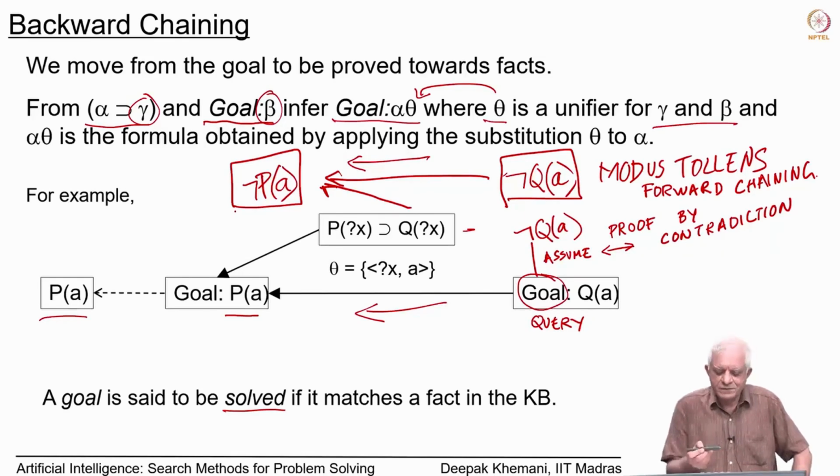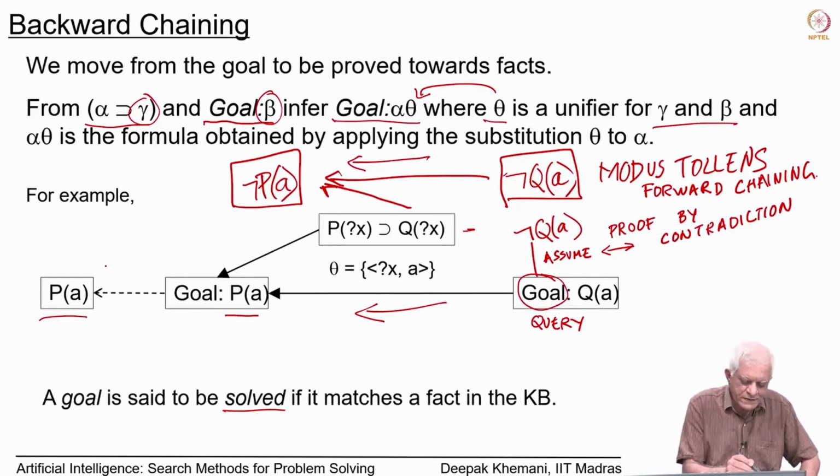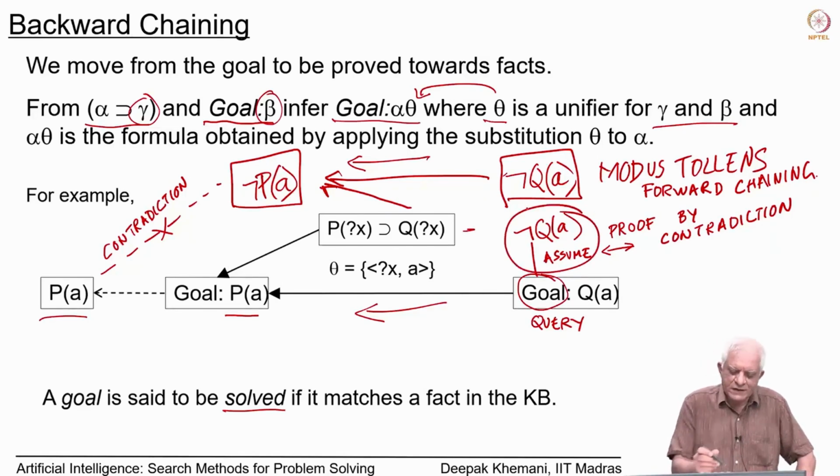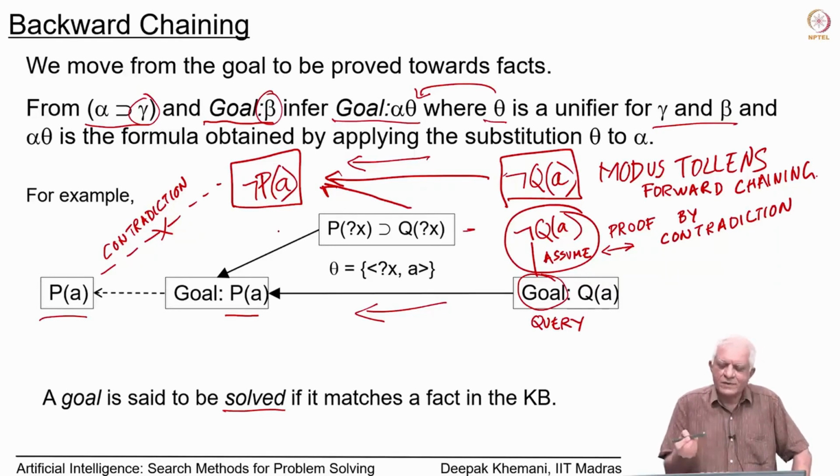That not P of A is true, or P of A is false, but you can see here that this is a contradiction. So, if you assume that Q of A is false, you end up showing that P of A is false, and that leads to a contradiction, and then you go back and say yes, that assumption is wrong and therefore Q of A is true.